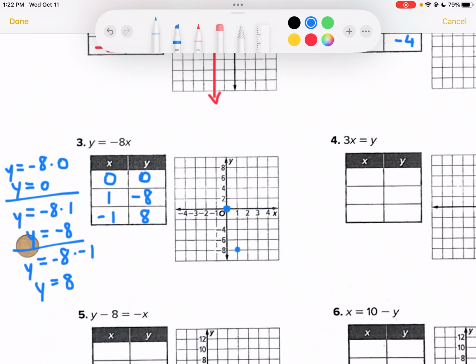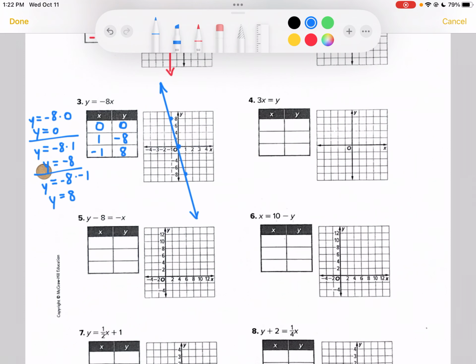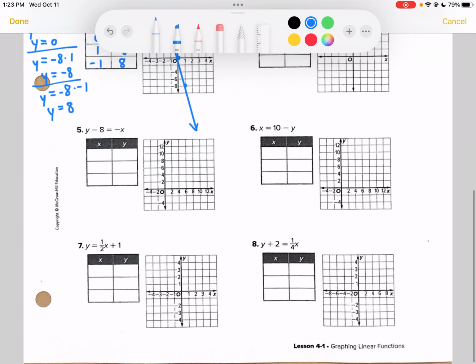That means I'm going to go left, negative 1, and up to 8. Draw your line. Okay, keep working at it.